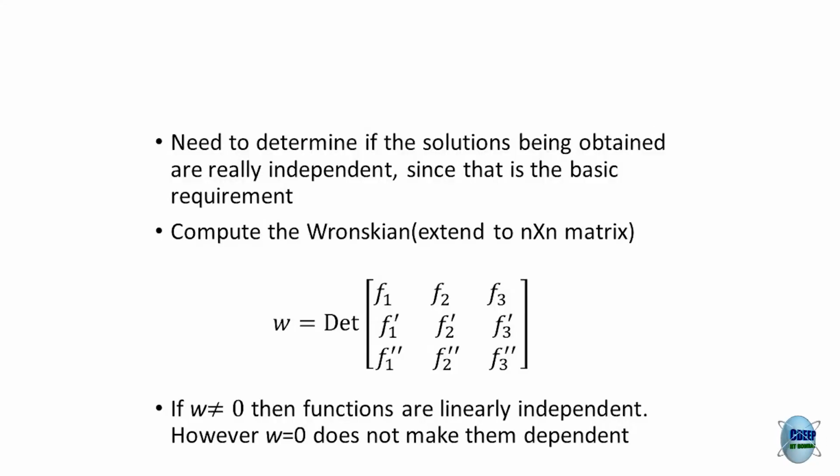Now we are saying that we are getting two solutions, right? But the solutions have to be independent. How do I check that they are independent? Okay. Once again, we are going to just show this without proof.